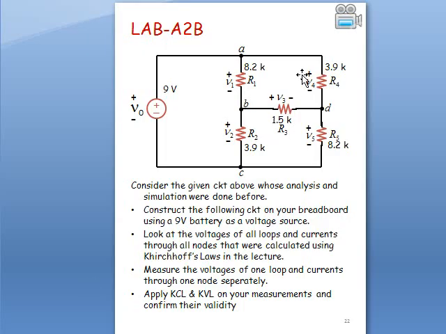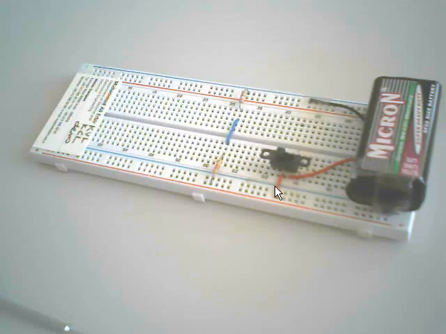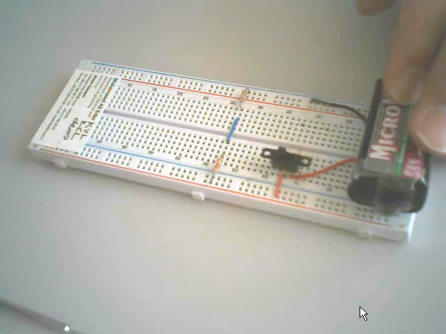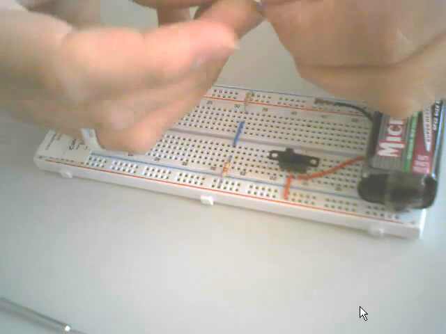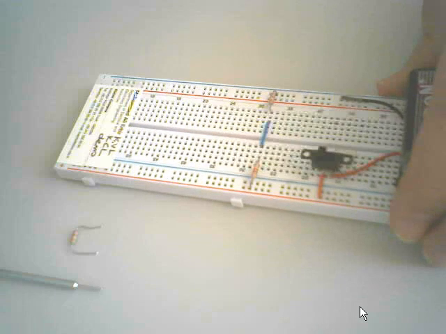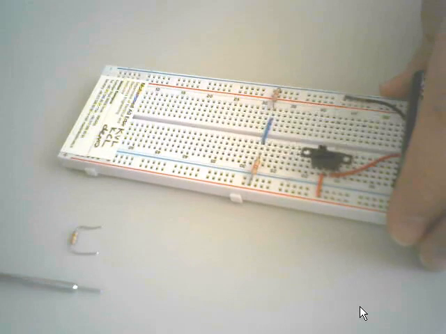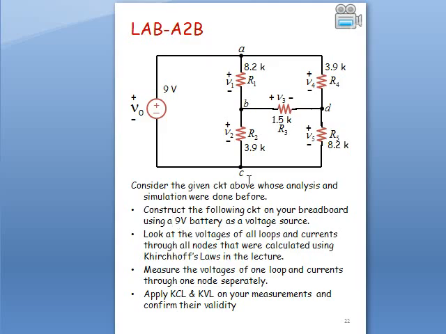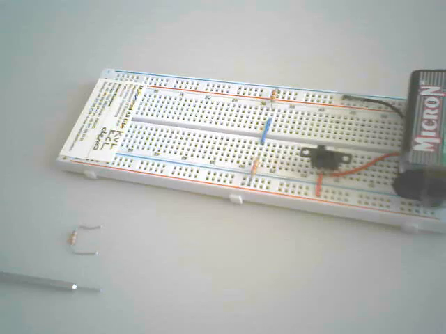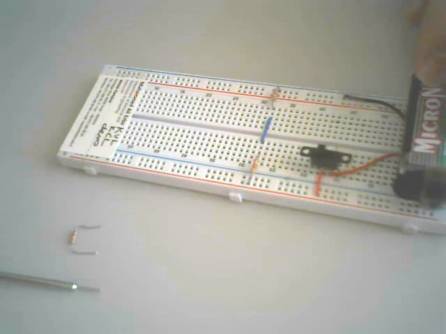And now I need a 3.9 kilo ohm resistor again here. Yes, it's a 3.9 kilo ohm resistor, but let me insert it first. I need a 1.5 kilo ohm resistor. Let me insert it first.